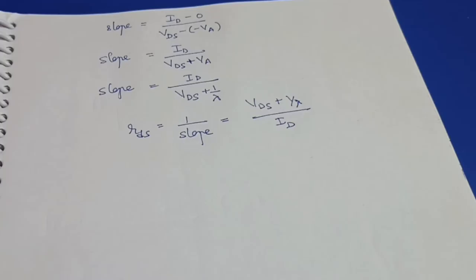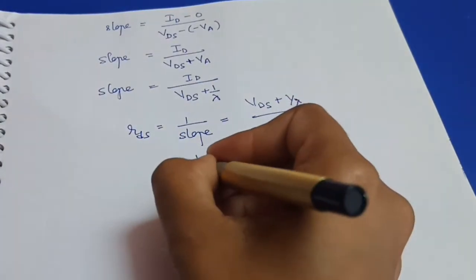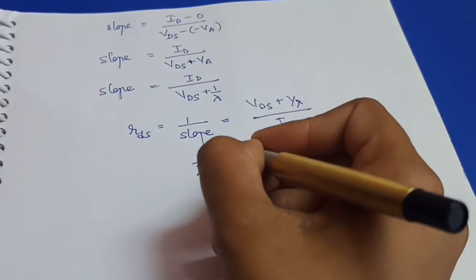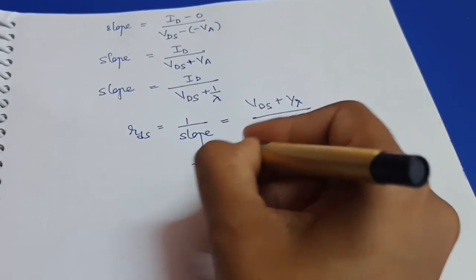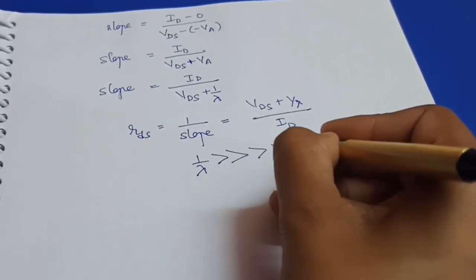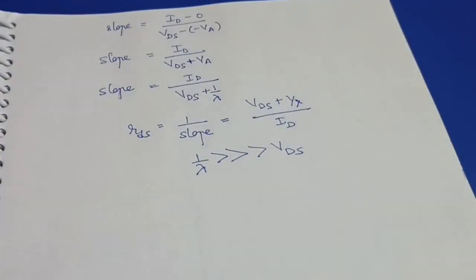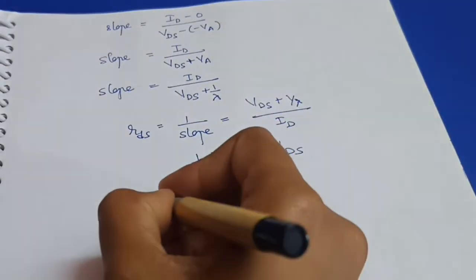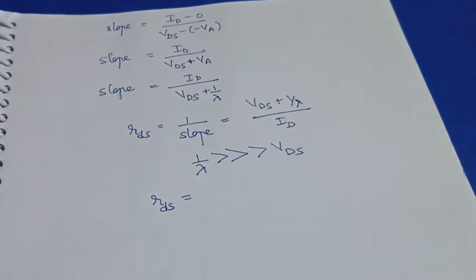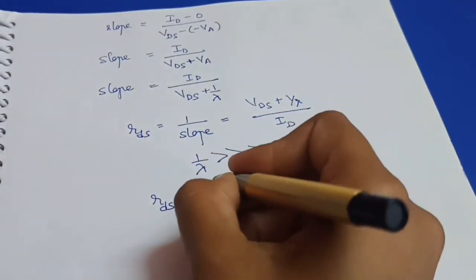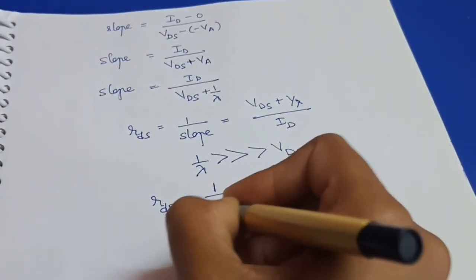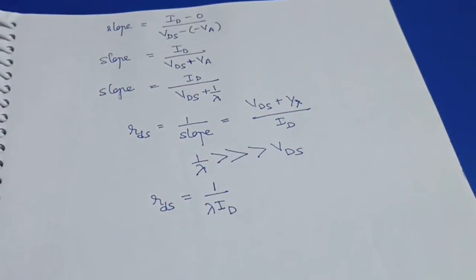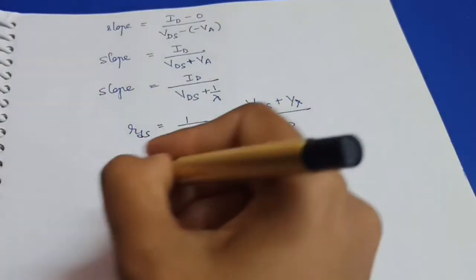Now, if 1 by lambda, that is early voltage VA, is much greater than VDS, that is drain to source voltage, then rds, that is dynamic drain resistance, becomes 1 by lambda ID, right?